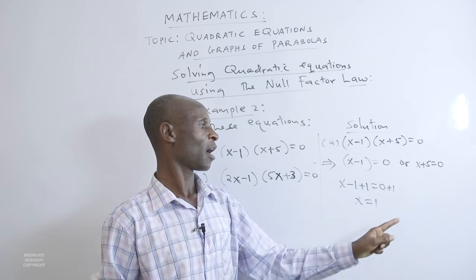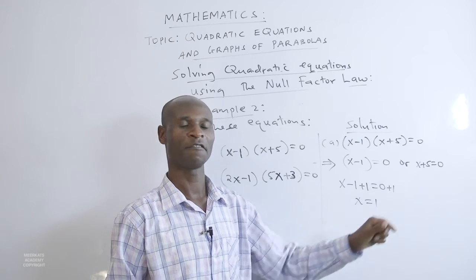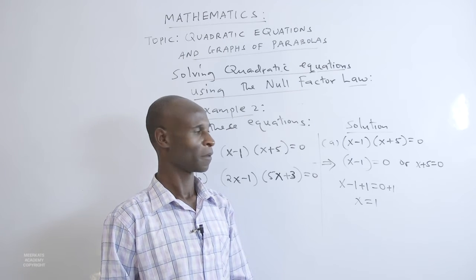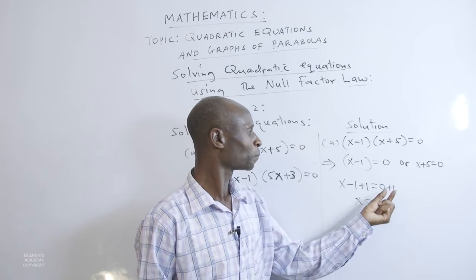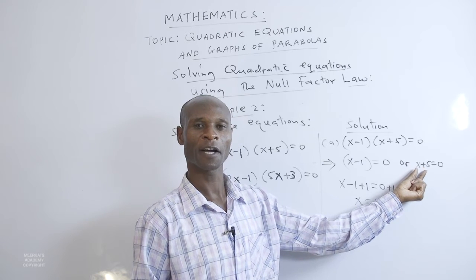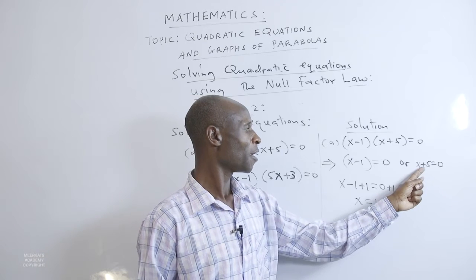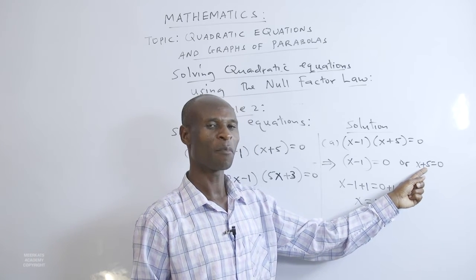Now, class, how do you find the value of x for the second linear factor, x plus 5 is equal to 0? Again, to find the value of x for the second linear factor, x plus 5 is equal to 0, because we have positive 5, we subtract 5 from both sides.